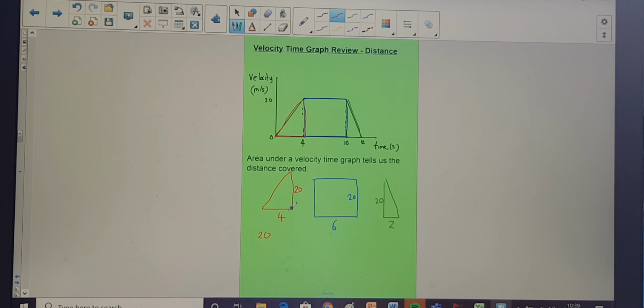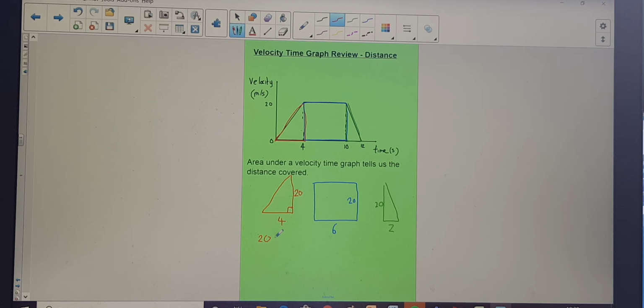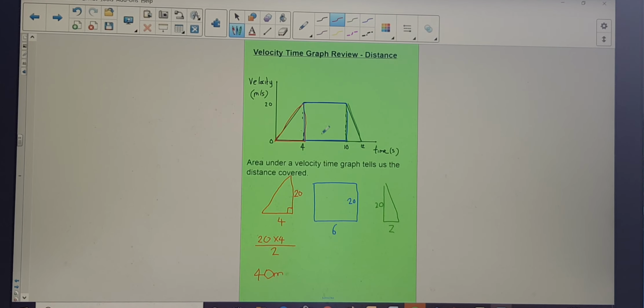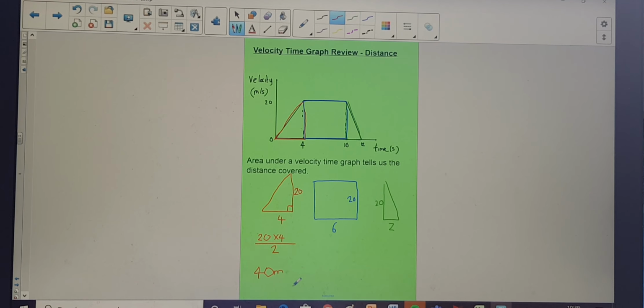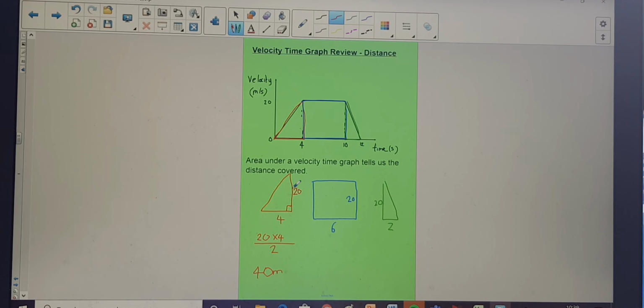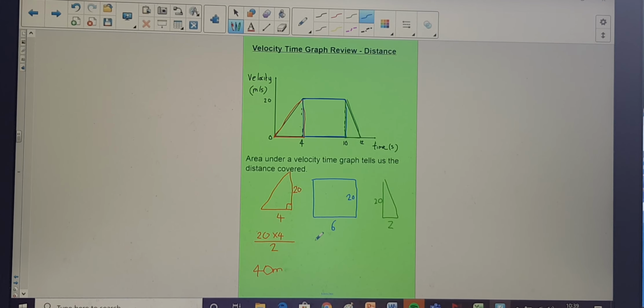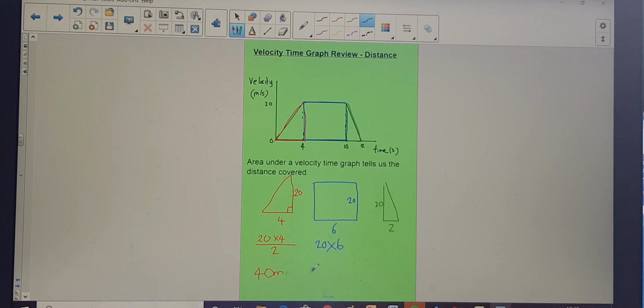Base times perpendicular height divided by 2, or 4 times 20 divided by 2, is going to give me 40 meters. So in fact, I've worked out for the first 4 seconds, it moved 40 meters. Okay, so my next one is going to be 20 times 6. And that's going to give me 120 meters.